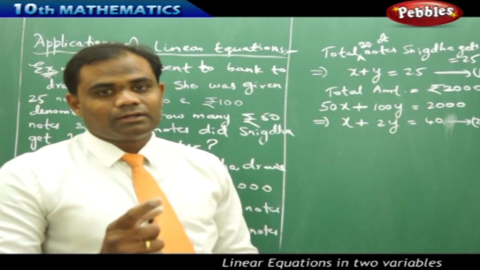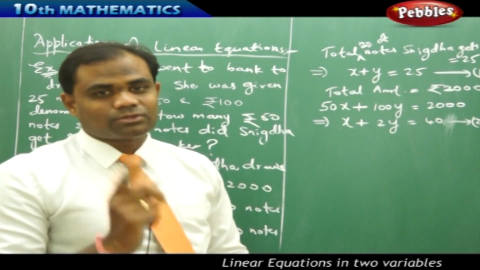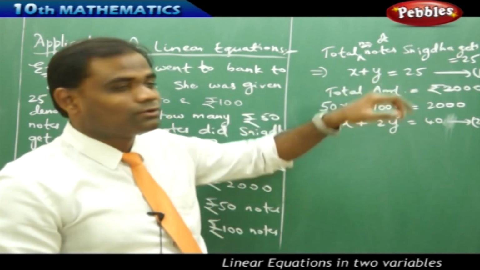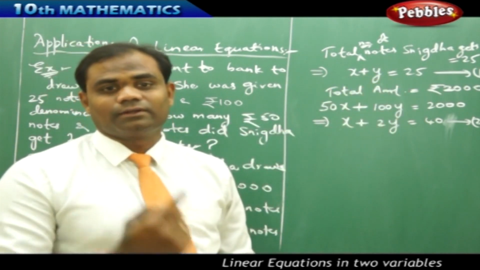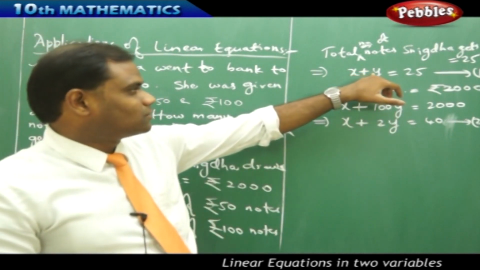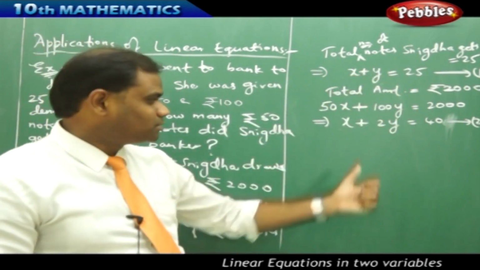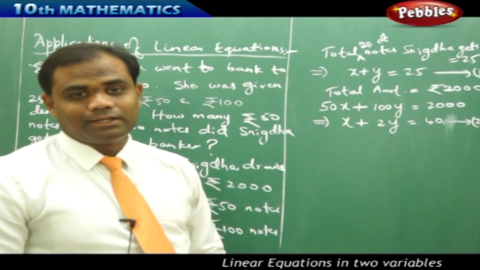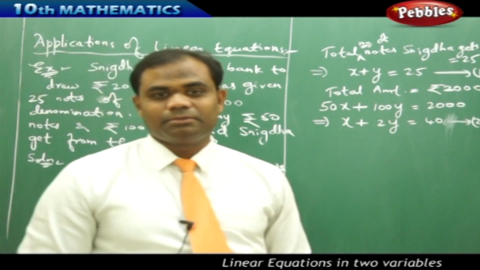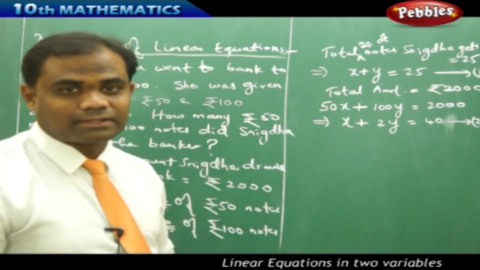Remember, the substitution method helps only when at least one of the coefficients of x or y is 1, unity. Because the coefficient of y is 1, I think the substitution method would be easier in this example problem. So let's see how the substitution method can be used to find the values of x and y.